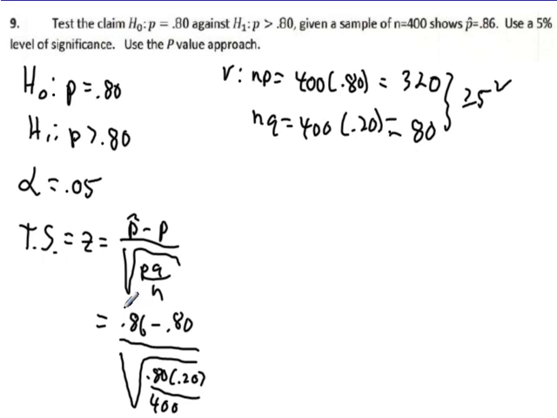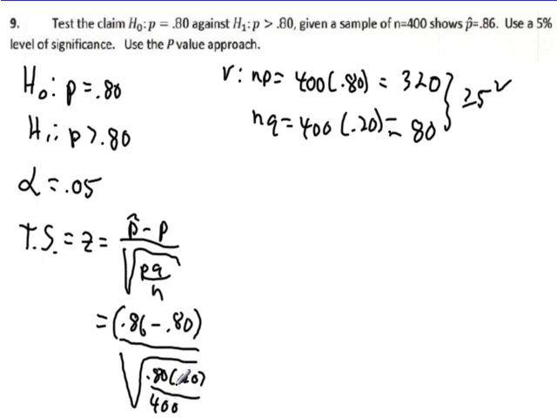And again, I would be really careful with rounding. So do the numerator, which you can probably see is about 0.06, then do the denominator and divide the totals. Only round in the final step. So here, what I would do is multiply 0.80 by 0.20 on your calculator, get that answer, and divide by 400.